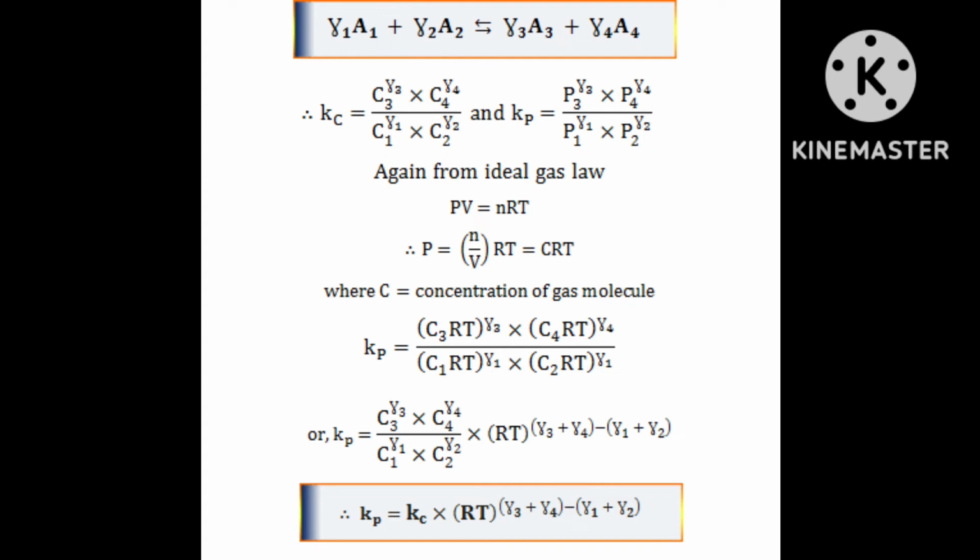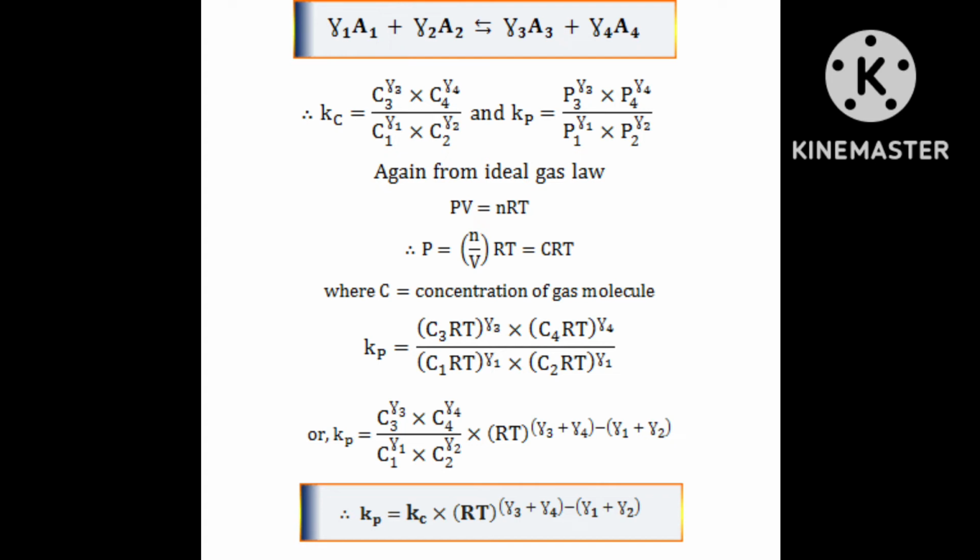Then upside RT square was there and HI square. Down, H2 is there, RT into RT. Then upside RT square and here RT into RT, again RT square. Then both will be cancelled out. Upside also RT square, down also RT square. Both will be cancelled. Then Kp is equal to, now what we will get?